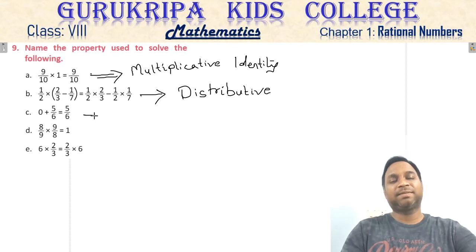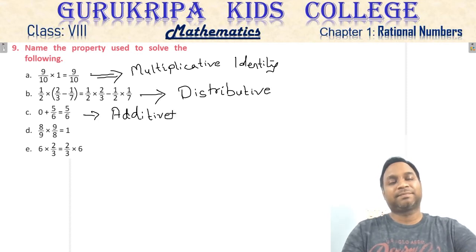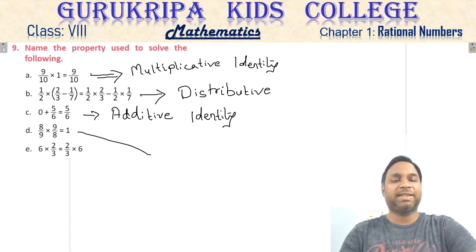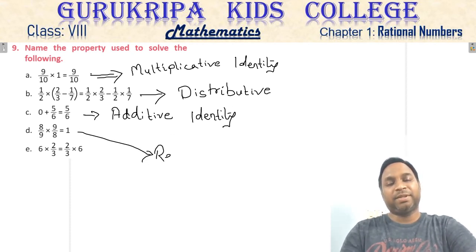What is this thing? Zero. Zero is the additive identity. What is this thing? Reciprocal. Or you can also say multiplicative inverse.